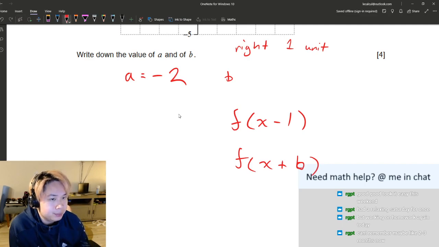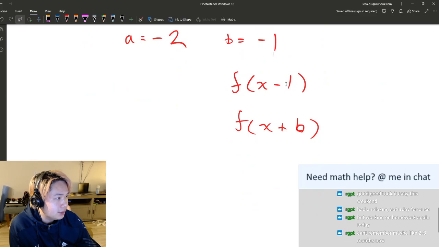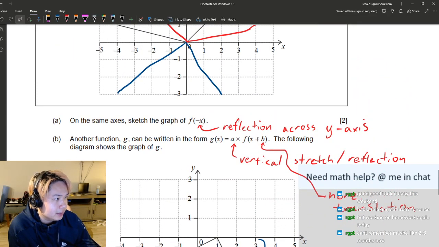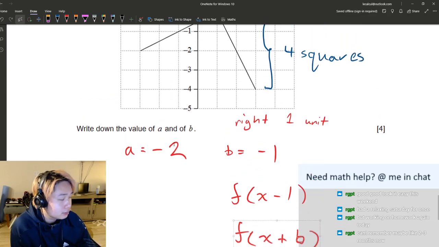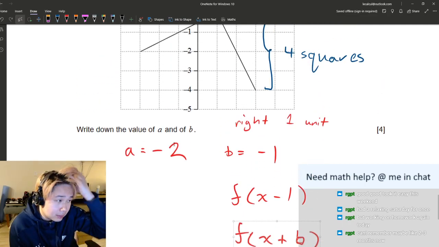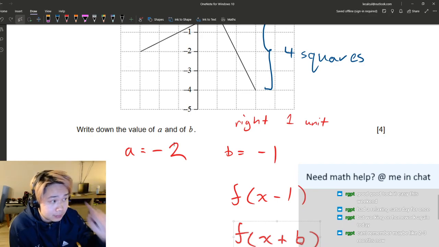In other words, b is actually -1. Because we actually want to have an x minus 1, but the general formatting in the question is plus b. So b has to be a negative then. That's kind of stupid, but something to be a little careful about.